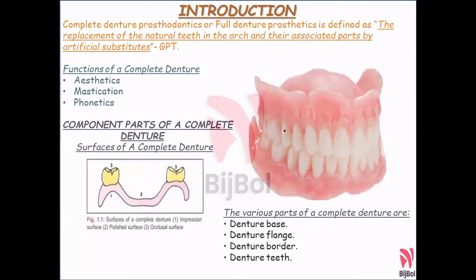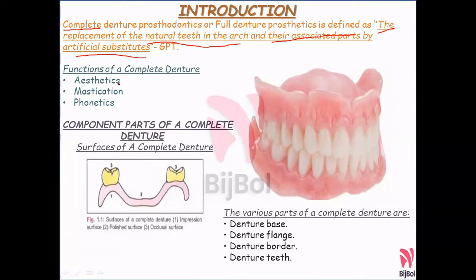Coming to introduction, complete denture prosthodontics is defined as the replacement of the natural teeth in the arch and the associated parts by artificial substitutes. As the word indicates, complete, the teeth of the entire maxillary and mandibular arches are replaced. So this is a complete denture, you can see.